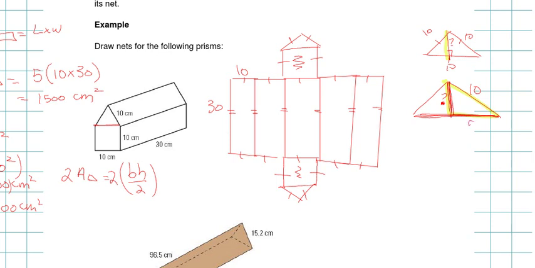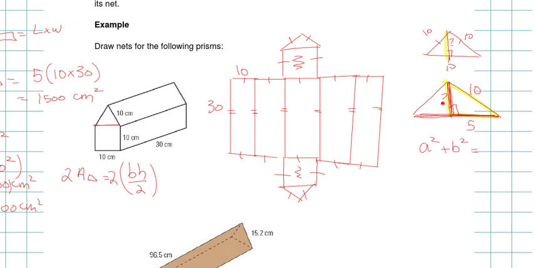Now, right angle triangle, I know 2 sides, I'm looking for the third. What do I use? Starts with a P. What formula do I use? Pythagorean theorem, that's right. So, a squared plus b squared equals c squared, right?